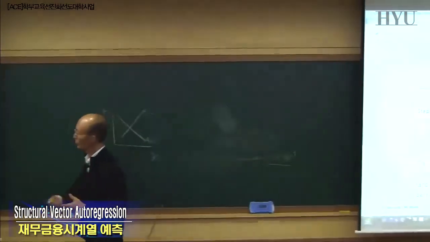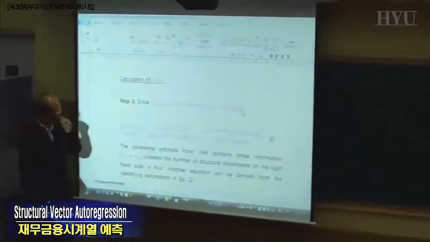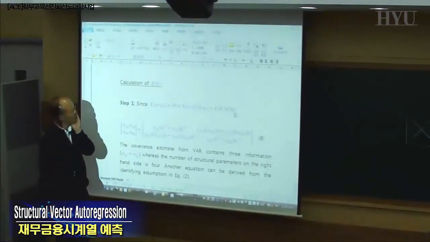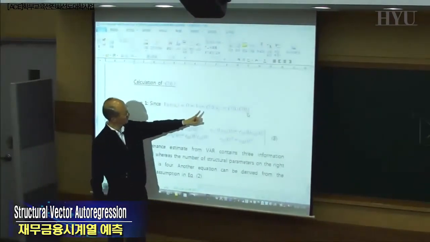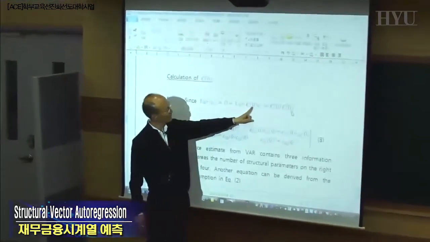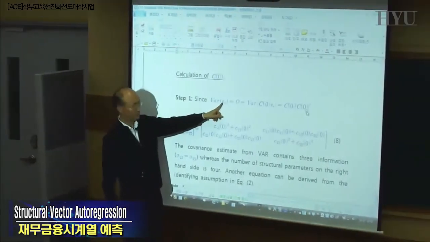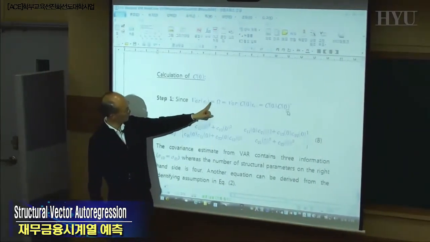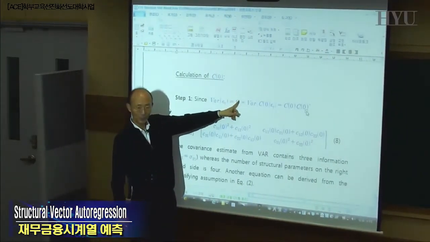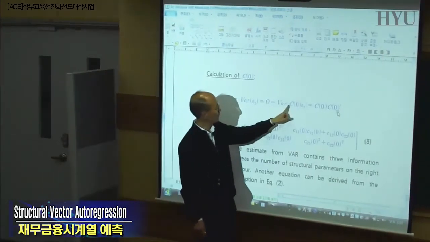Now let's turn to the problem of calculating C0. Okay? Because e of t equals C0 epsilon t. So what is the variance of that? From VAR estimation, our notation was omega, right? What is the variance of this one?